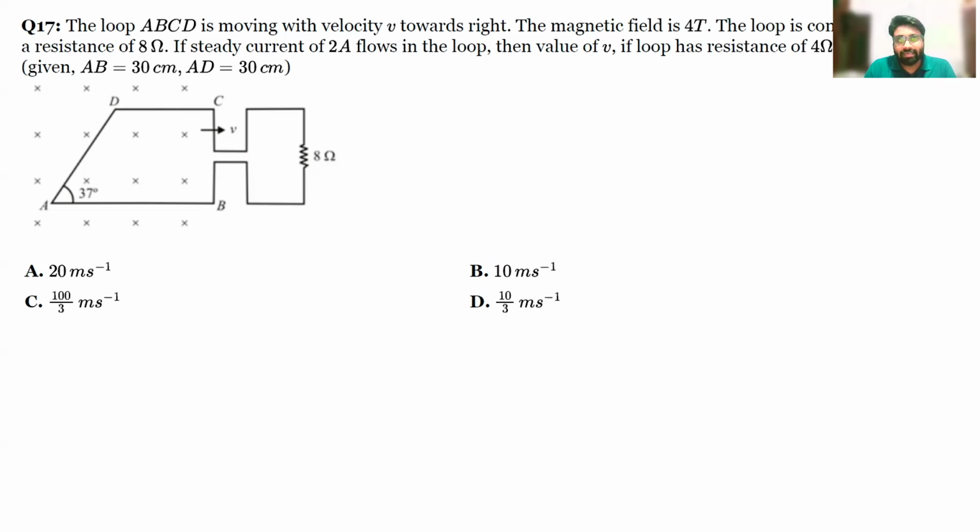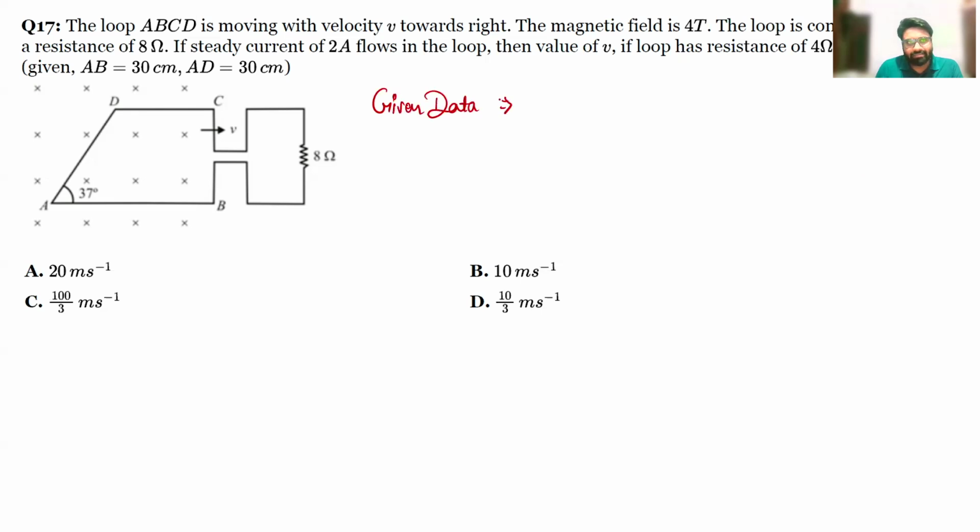If a steady current of 2 ampere flows in the loop, then find the value of velocity, if the loop has a resistance of 4 ohm. So first of all, we will write what the given data is.